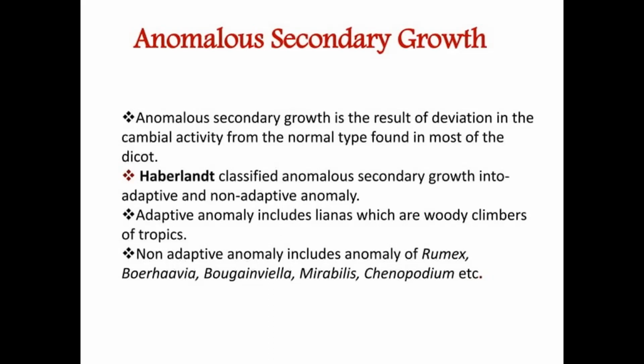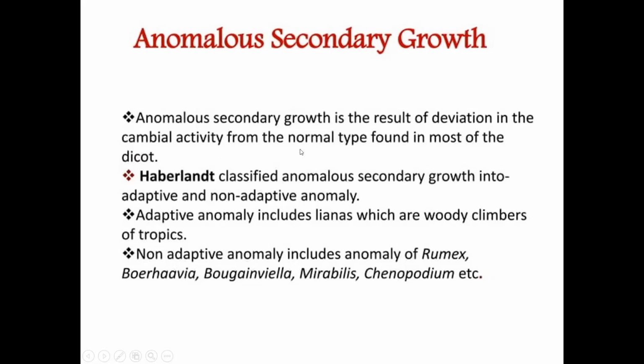But in some species, anomalous secondary growth occurs. Anomalous secondary growth means abnormal activity. It is a result of deviation of the cambium from its normal function, that is, abnormal activity of the cambium. It is a deviation in cambial activity from the normal type found in most of the dicots.